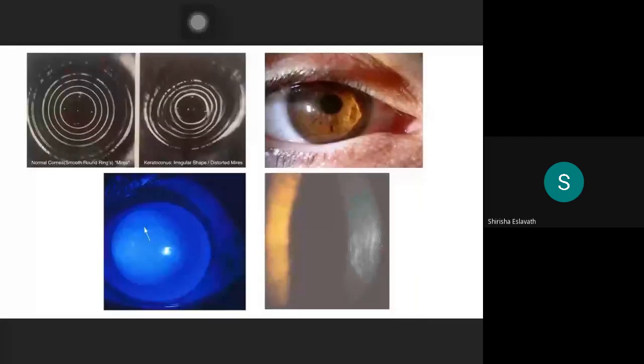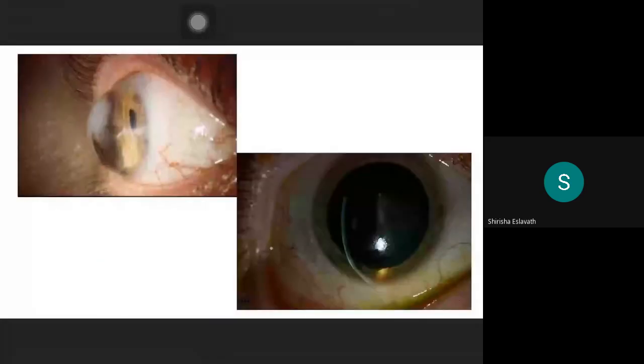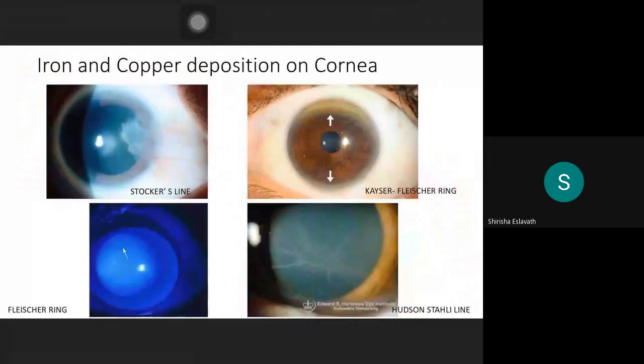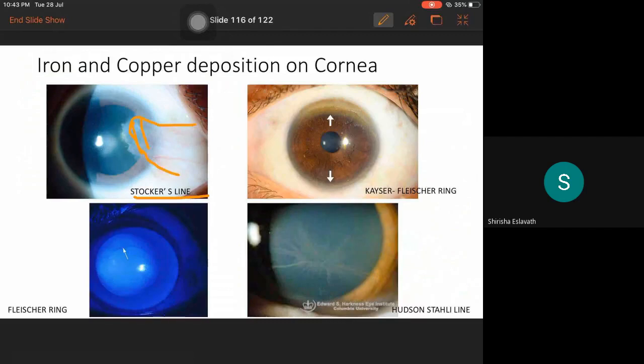So coming to a little bit about some of the iron and the copper deposits on the cornea. This is very interesting. You should know these things. What are the different rings and lines in the cornea? You have a Stocker's line. What is Stocker's line? Whenever there is a progressive pterygium, that will damage the Bowman's membrane and the epithelium.